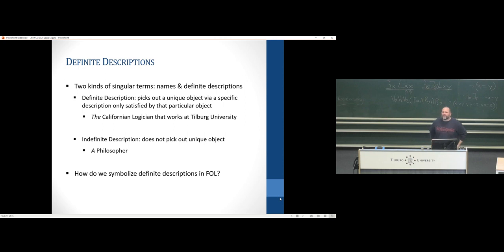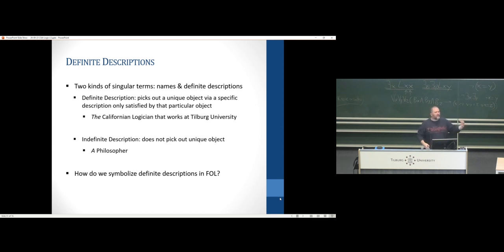So remember when we were first introducing FOL, all of those halcyon days of last week, I talked to you about how there are broadly two types of singular terms. There are names and there are definite descriptions. Names function by just picking things out.